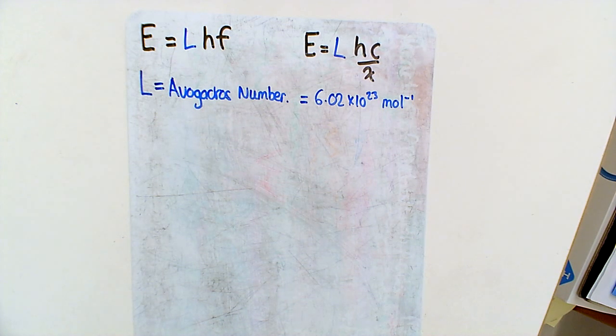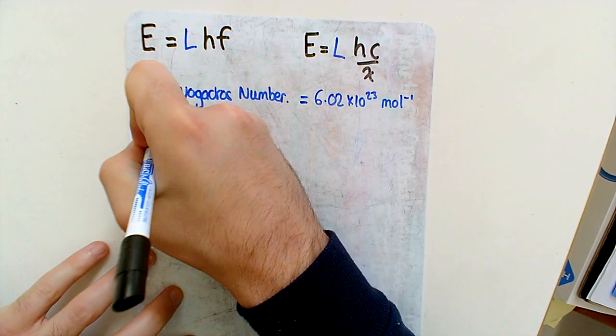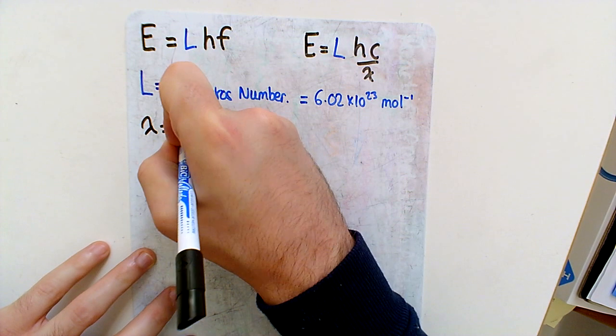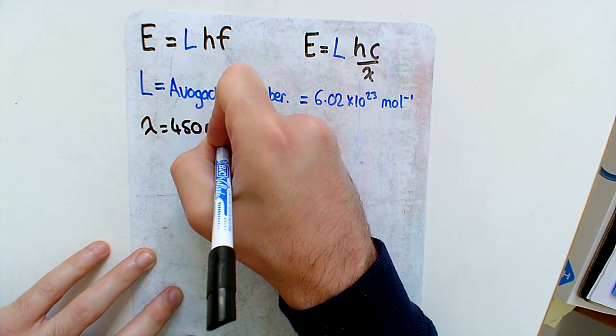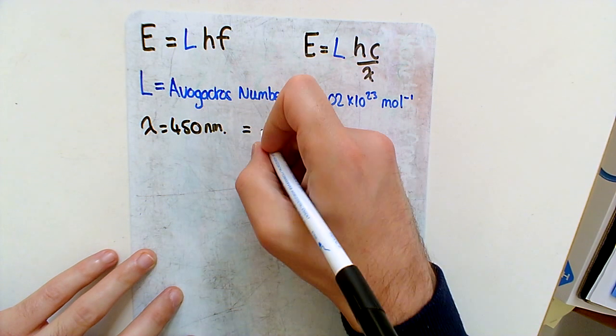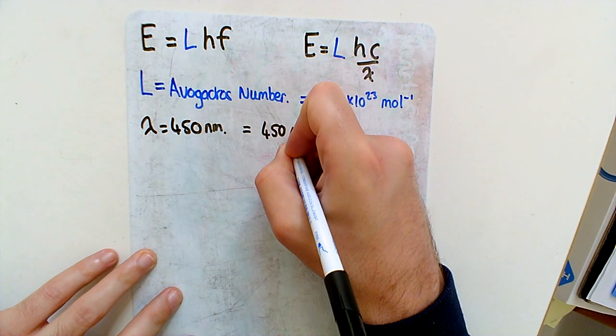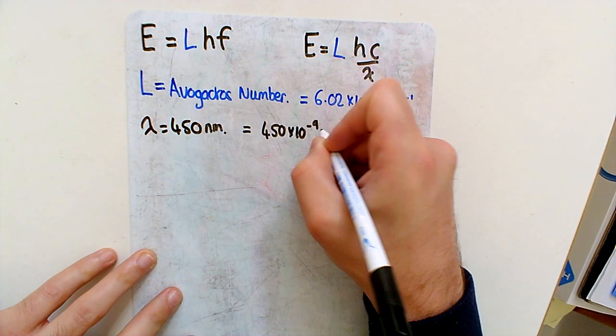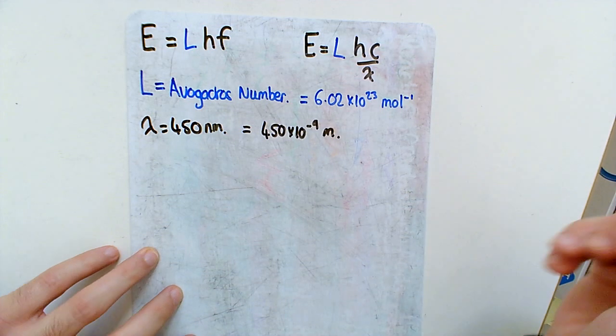So what we'll do is we'll do the exact same thing, and lambda again is 450 nanometers, which we know we have to turn into meters. 450 times 10 to the minus 9 meters.